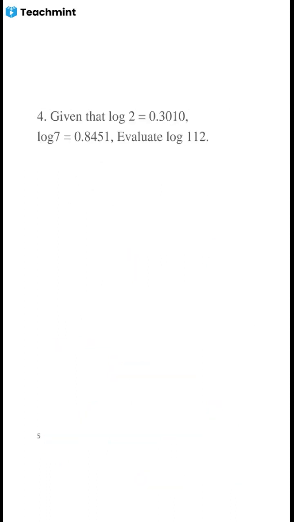Now, we want to look at this. Sometimes when you cannot compute the logarithm directly, they can give you what the log is. Now, look at this. They give us log 2 is equal to 0.3010 and log 7 equal to this. They want us to get log 112.